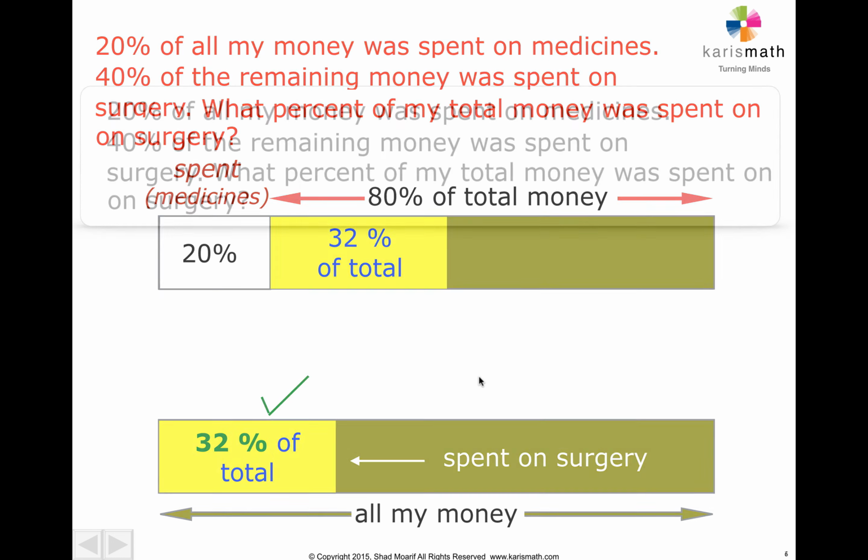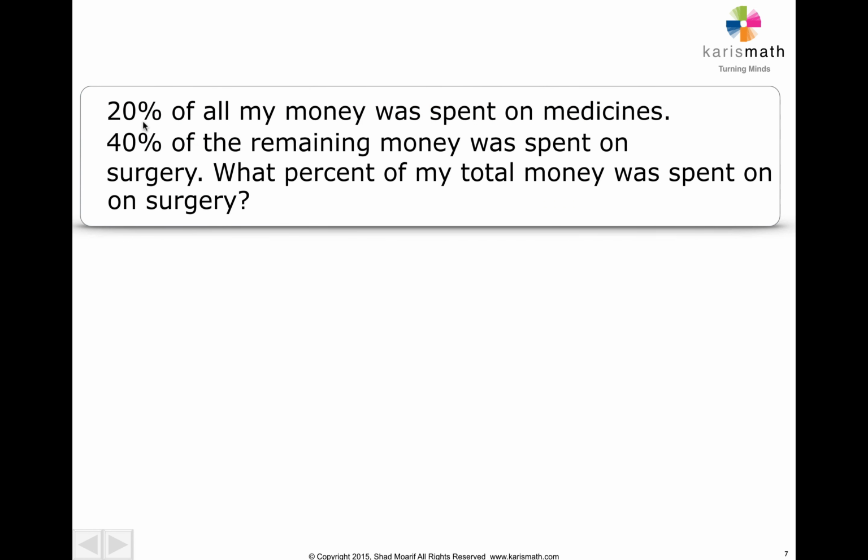You can see it directly, even without any drawings. 20% of all my money was spent on medicines. 40% of the remaining money, we know the remaining money must have been 80%. So what's 40% of 80%? Well, change that into decimals. Of means to multiply. That's 0.4. That's 0.8.